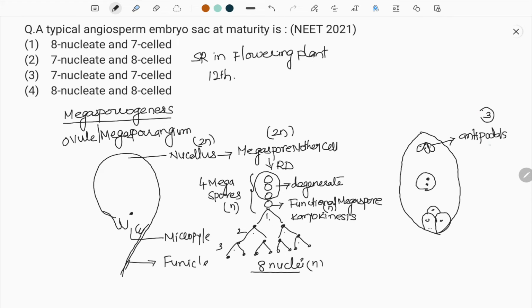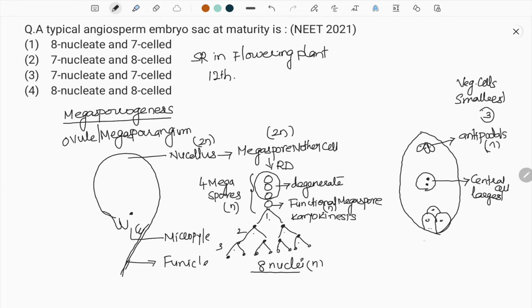They are haploid in nature, of course, and these cells are the smallest cells of the embryosac, also called vegetative cells of the embryosac because they do not participate in fertilization. And this is called the central cell. It has 2 polar nuclei. It is the largest cell of the embryosac.